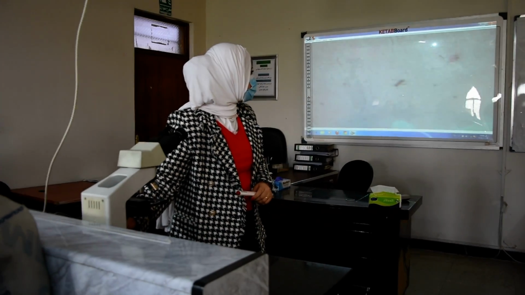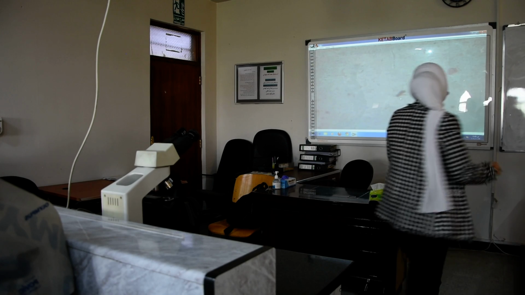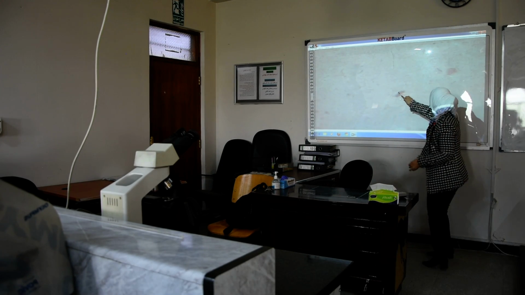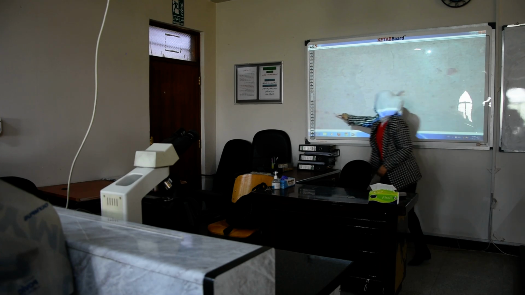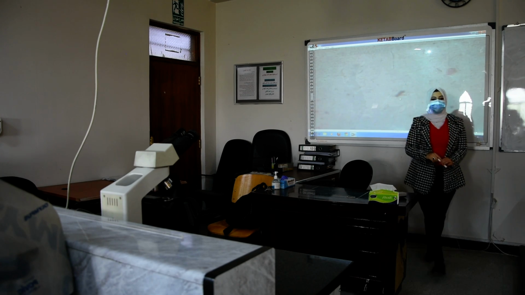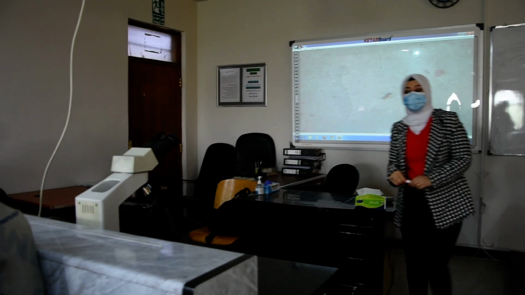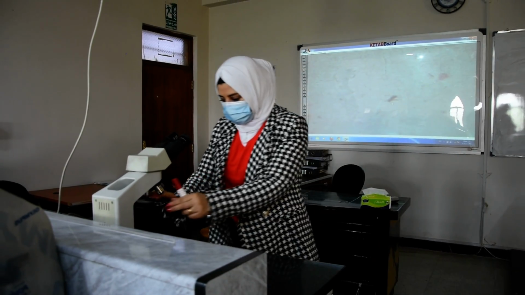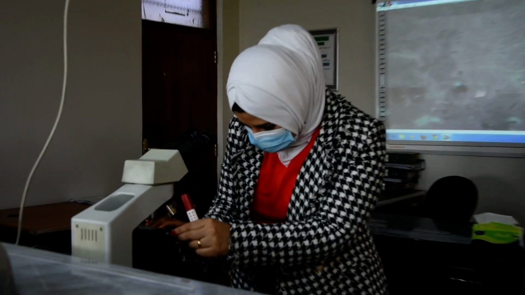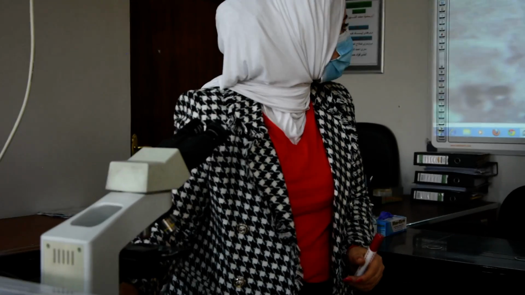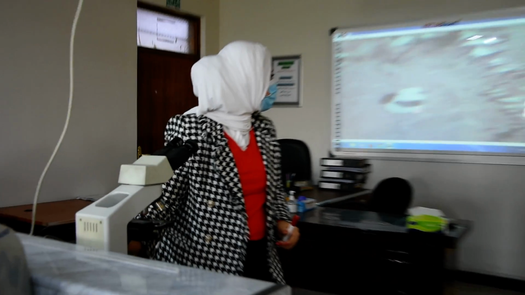The dark stained regions like this, all these represent the brain sand. This slide shows the brain sand clearly.